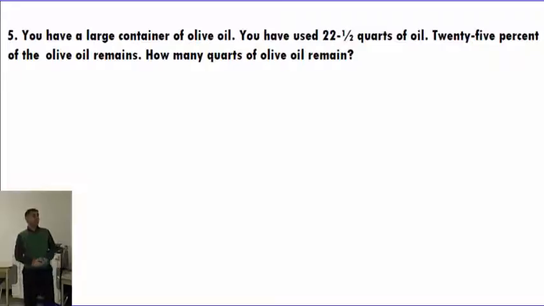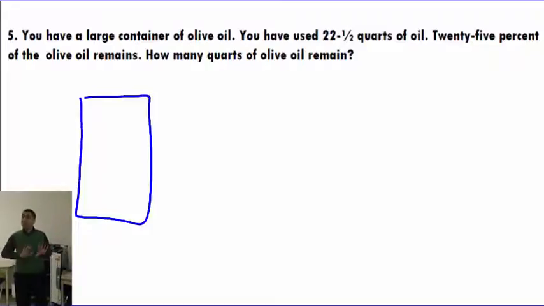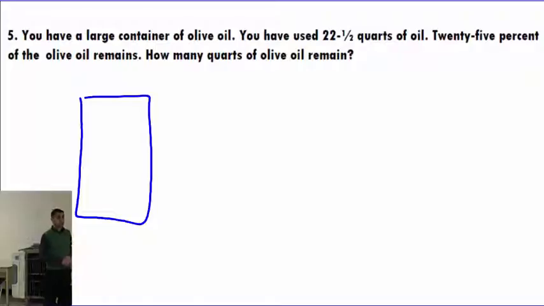You have a large container. This is a very large container. You see, I didn't finish reading it. Just imagine and start getting information while you read it. You have a large container of olive oil, okay? You have used 22.5 quarts of oil. So let's say oil was up here.